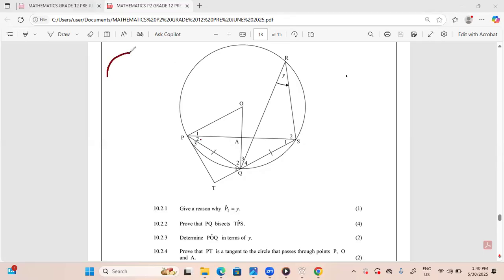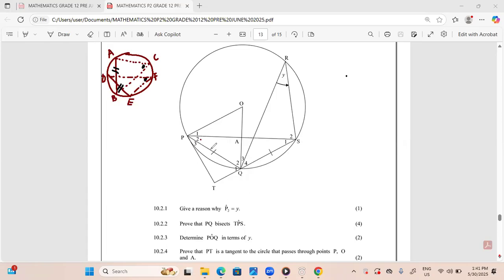So if I give you a circle and a chord AB, this chord AB subtends the angle C. Now let me give you another chord, DE, and this chord DE subtends the angle F. Now, if I say these chords are equal, if I say AB equals DE, automatically the angle C and the angle F will become equal. Angles subtended by equal chords at the circumference of a circle are also equal.